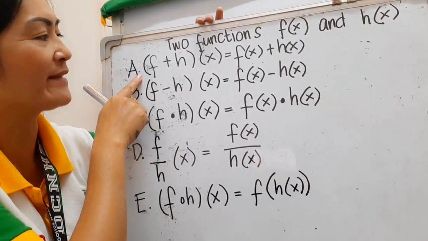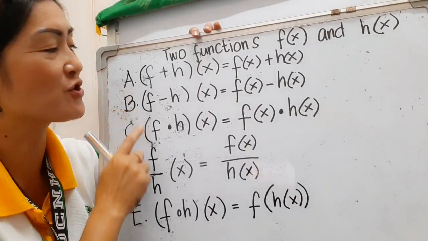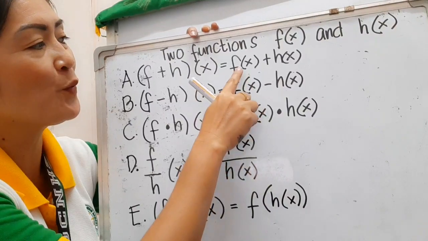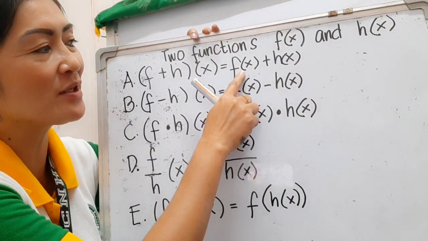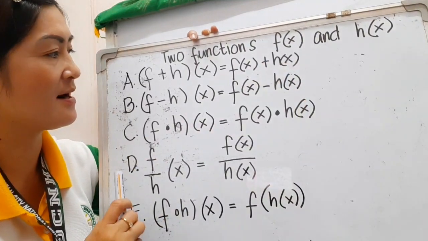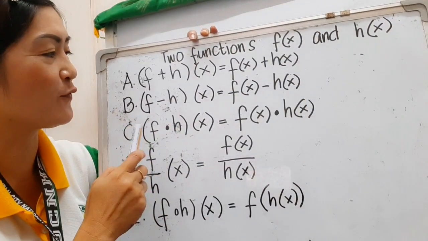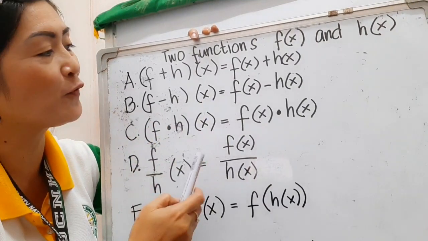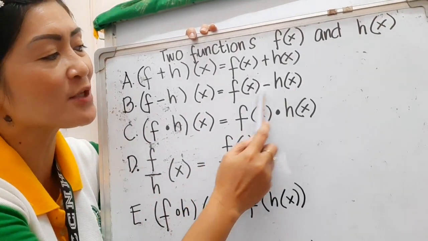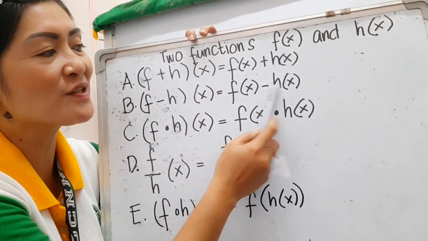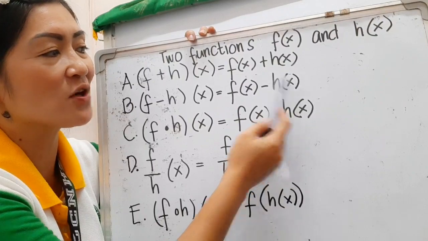For addition of functions, f plus h of x, we will add the first function, f of x, to the second function, h of x. Alright. For the difference of functions, f minus h of x, we will subtract the two functions. We have f of x minus the second function, h of x.